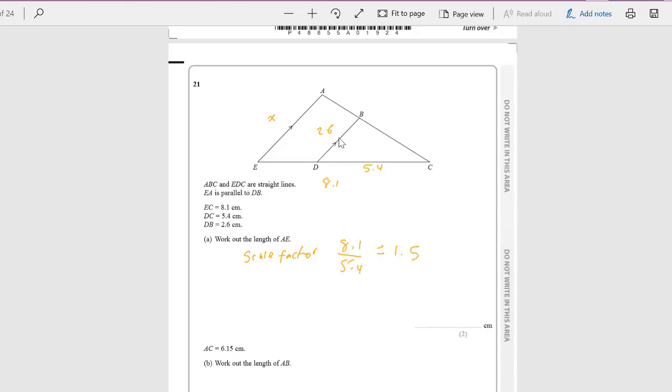So this line is 2.6, times it by 1.5, you're going to get 3.9. So the answer is 3.9 centimeters. So X will be 3.9. Okay, and again, it's just to do with scale factor.